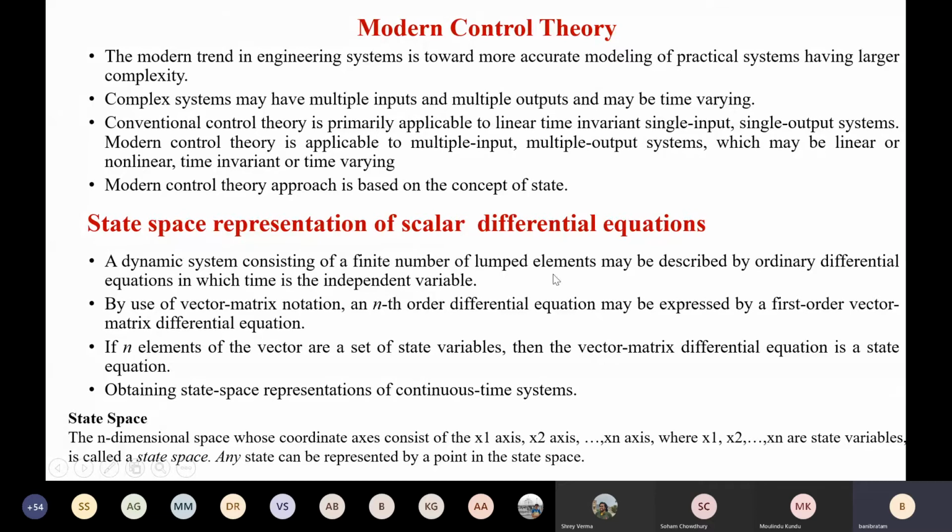Lumped elements means, for example, we have talked about the mass spring damper system, you remember, where m x double dot plus b x dot plus k x equals the input force, right? That is one lumped model system: one mass, one spring, one damper. Now suppose you want to model a bridge.